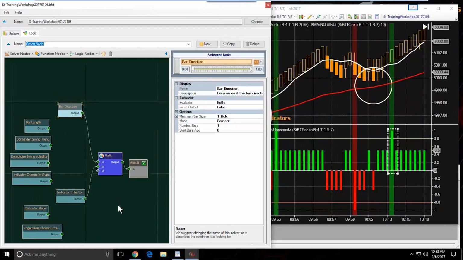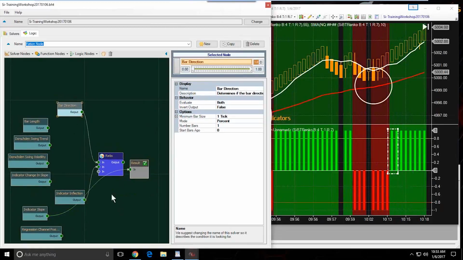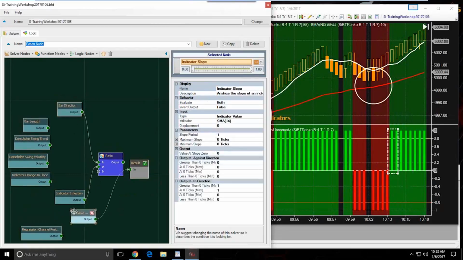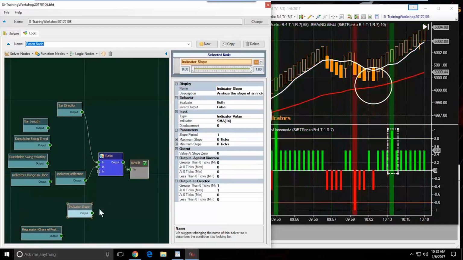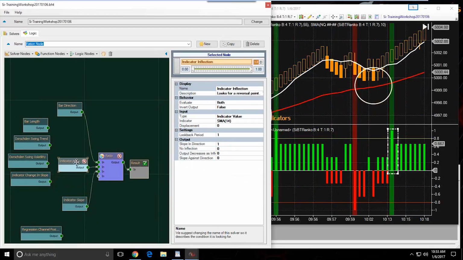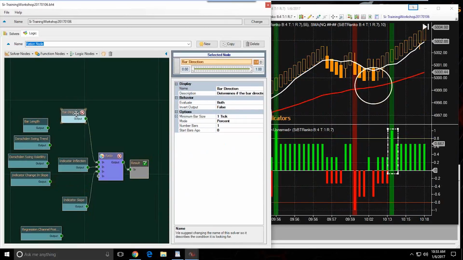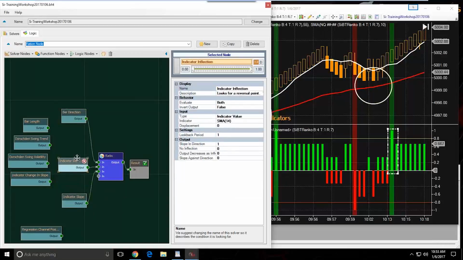So let me take another solver and plug it in. So now if I have 3 solvers, each solver is worth 33%. And so the ratio node is going to take a look at the solvers.